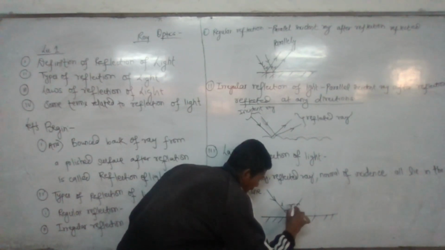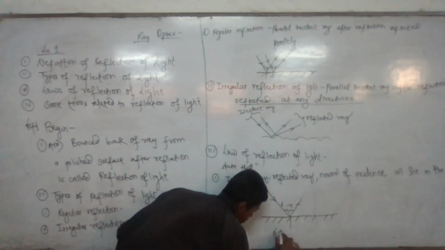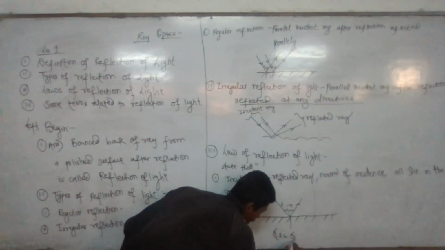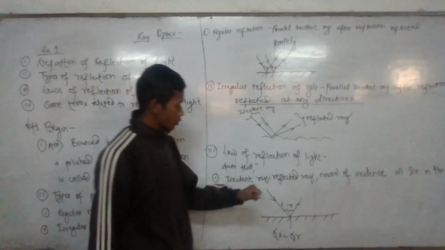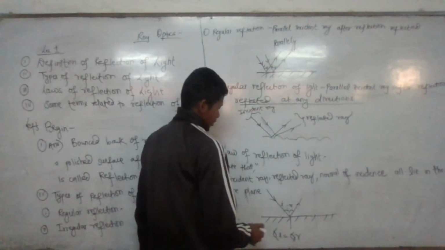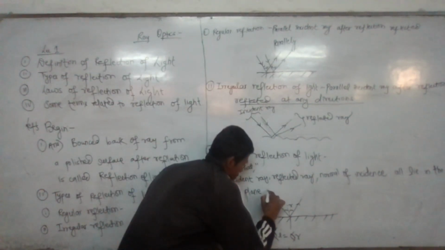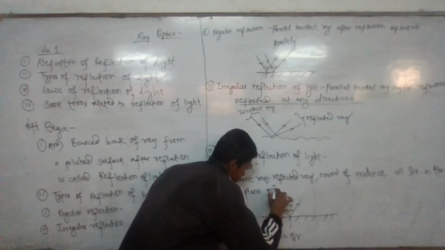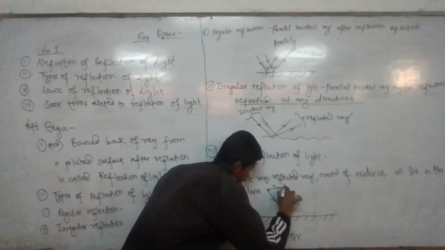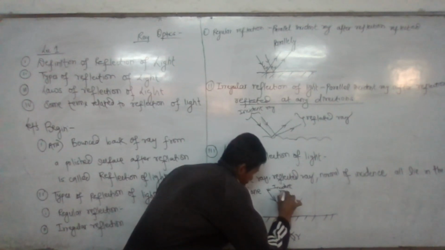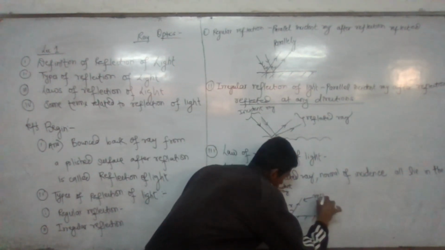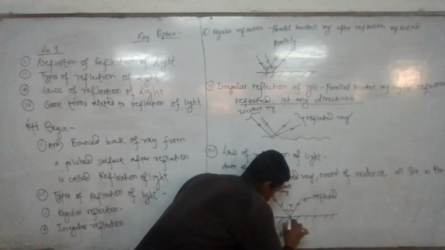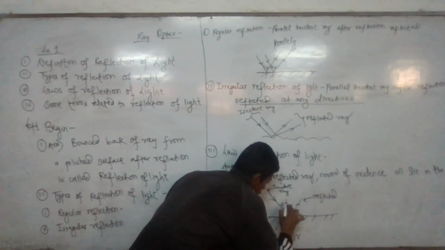So angle I is equal to angle R. This is the incident ray, this is the reflected ray, and this is the normal of incidence.